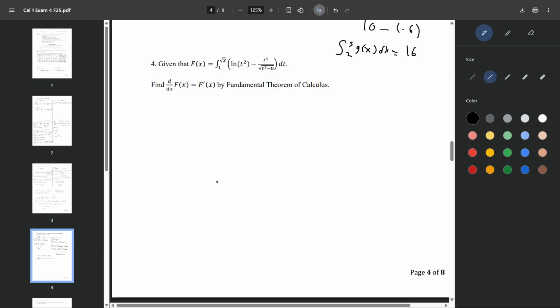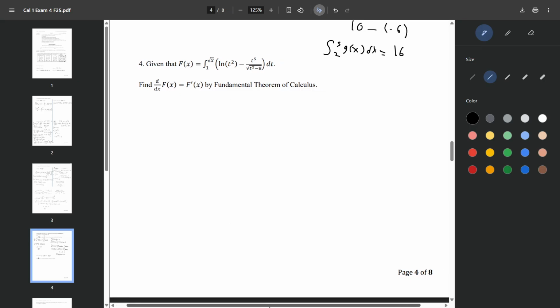However, we don't need to do that much math in this case because one of the fundamental theorem of calculus rules is that the derivative of the integral from a to u(x) of f(t) dt equals f of u(x) times u prime of x.